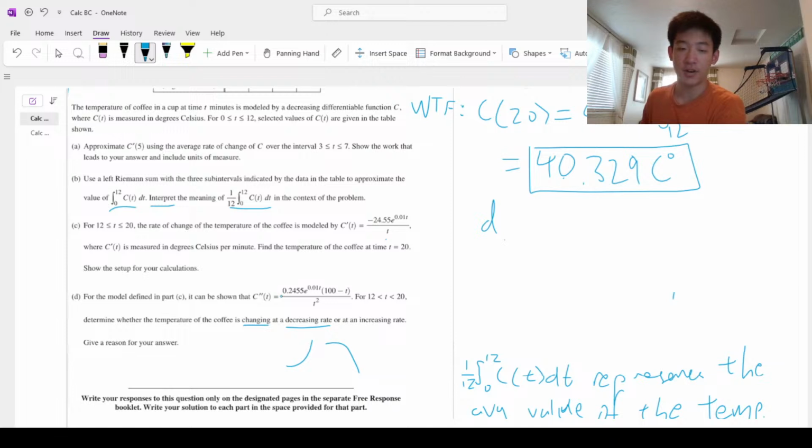The constant part is always positive, and e to a positive number, well, e to the x is always positive no matter what you put into it. And then 100 minus t, anything from 12 to 20, that's also a positive number. And in the denominator, you're squaring it, so it doesn't even matter. This is always going to be positive also.